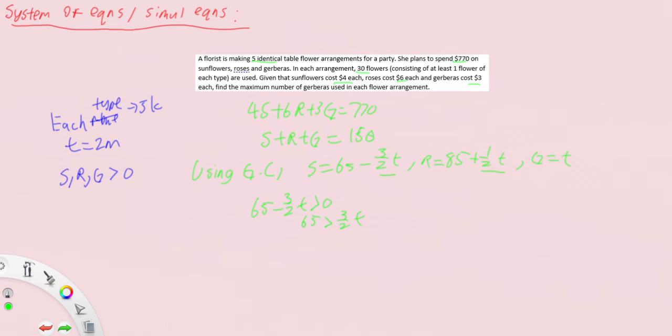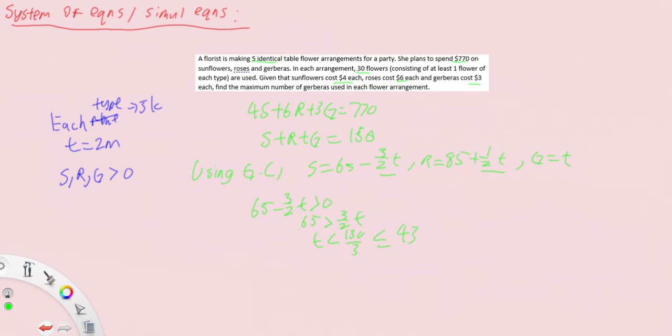Actually, wait, not really, it's 130 divided by 3, sorry, t is less than 130 divided by 3, so t is less than or equal to 43, right? Because we are going to look at whole numbers, t is a whole number, therefore we don't need the additional 1 over 3, alright? Now, we look at roses, we have 85 plus half t, so it doesn't really matter, right? Because plus a positive number, you will get a positive number at the end. So we know that t has to be less than or equal to 43.